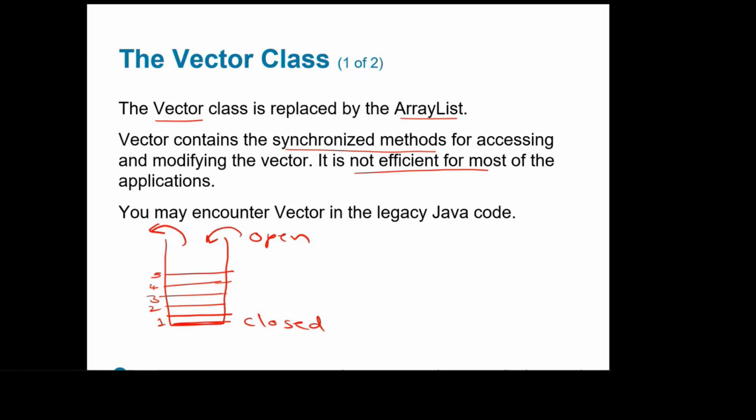So if you want to insert anything at location 2, can we insert? Like how we did it in array list, we have the add method, add at index 2 this value. But if you are looking at a stack, and we are going to implement it with vector, there is only one open end.